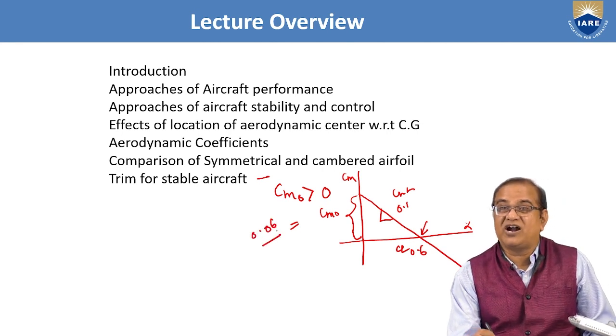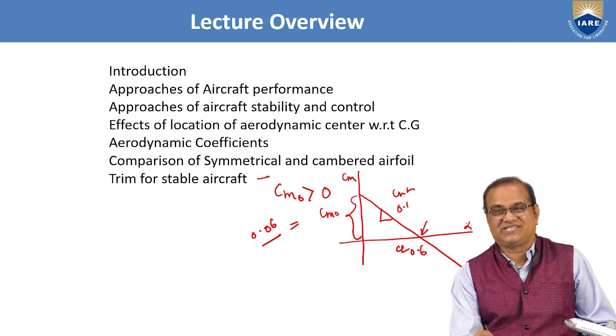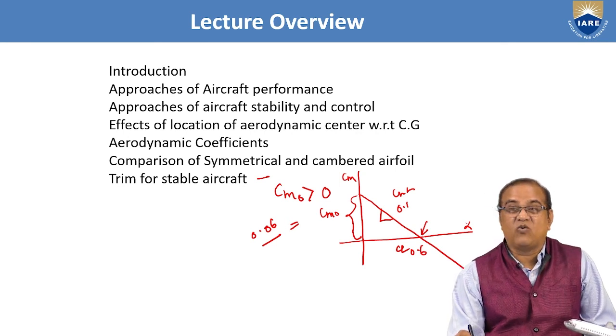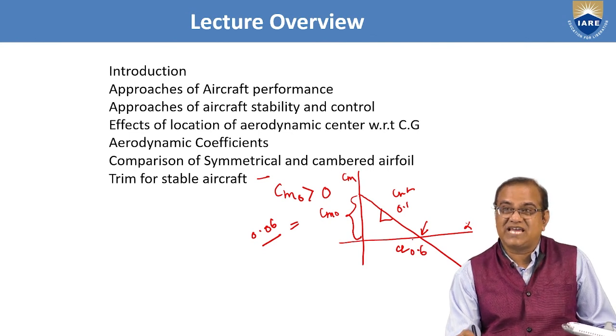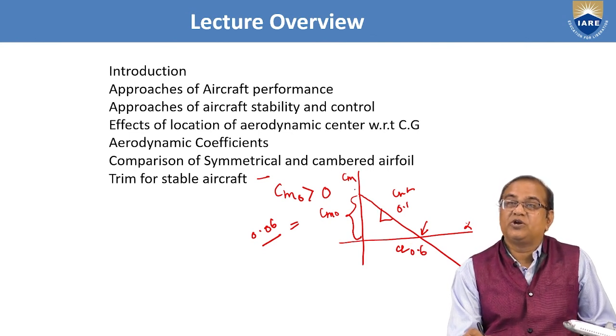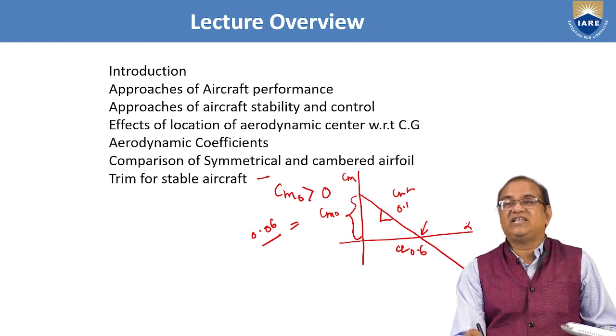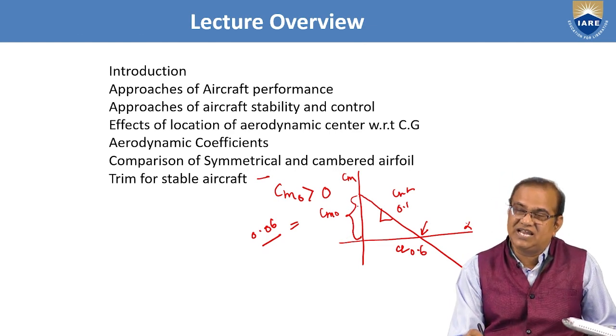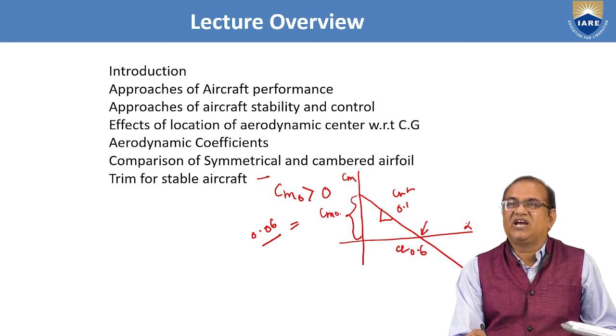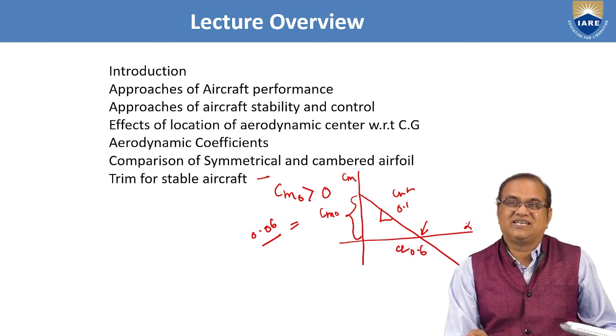So your Cm naught should be 0.06. If you know the coefficient of lift at which you are going to trim, and you know this slope, you can find this Cm naught value, and by this you can design your horizontal tail or the canard in such a way that you get the required Cm naught.